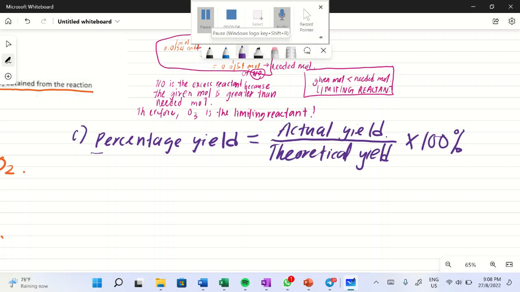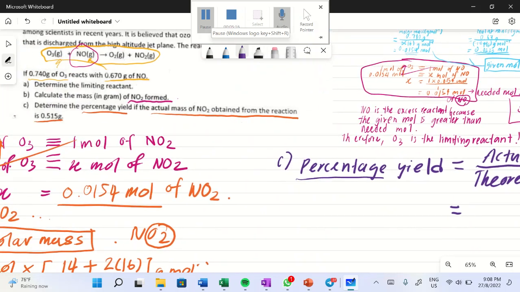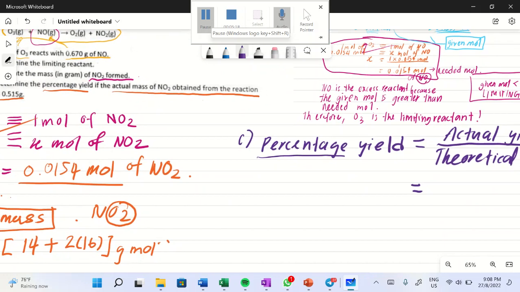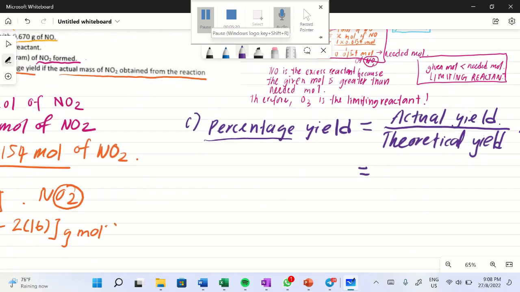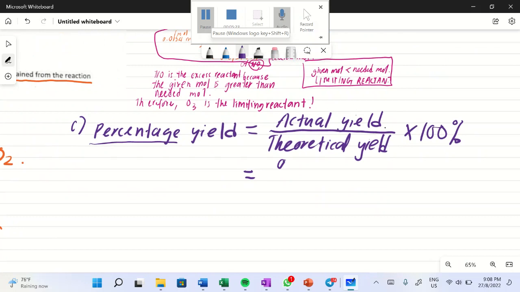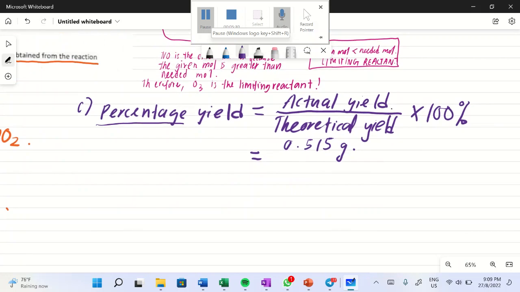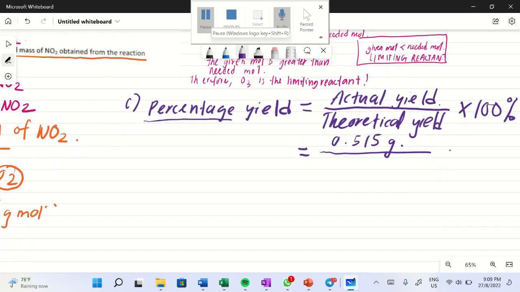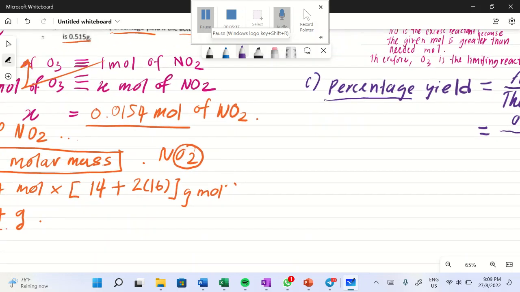Because percentage in Bahasa Melayu is peratusan, so we multiply by percent, 100%. So actual yield here is 0.515 gram. And what is theoretical yield? Theoretical yield is this.